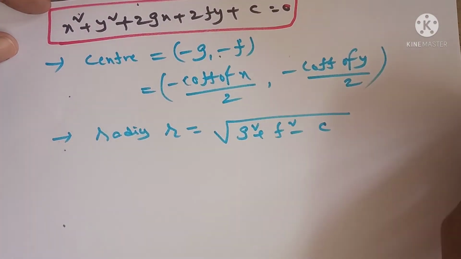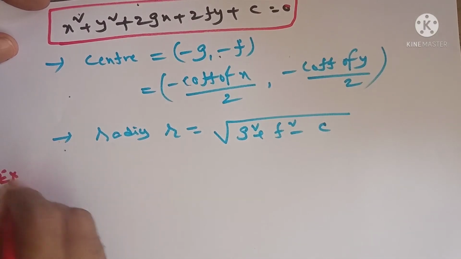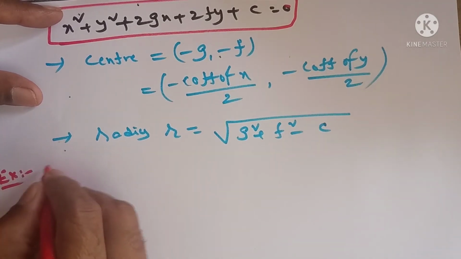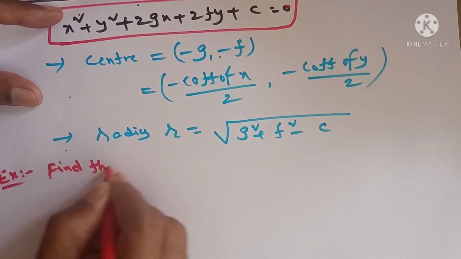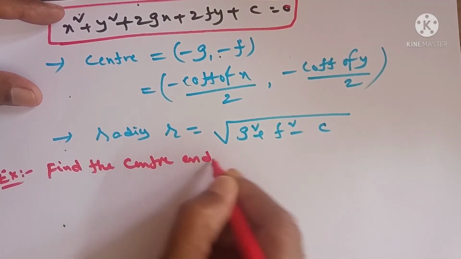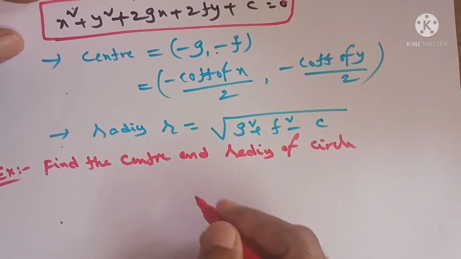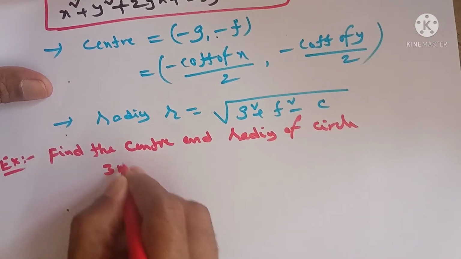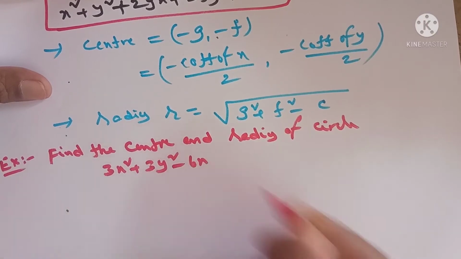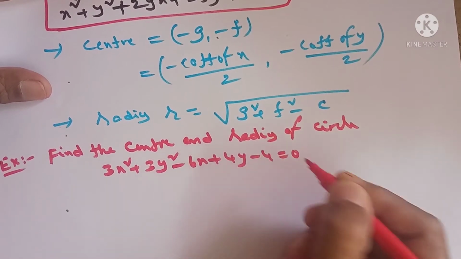Suppose one example, find the center and radius of the circle 3x square plus 3y square minus 6x plus 4y minus 4 is equal to 0.